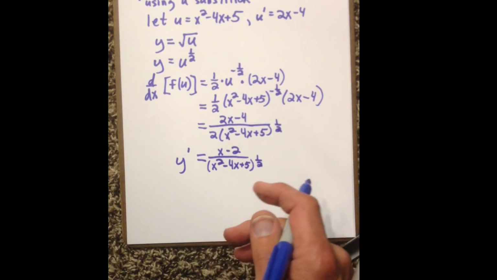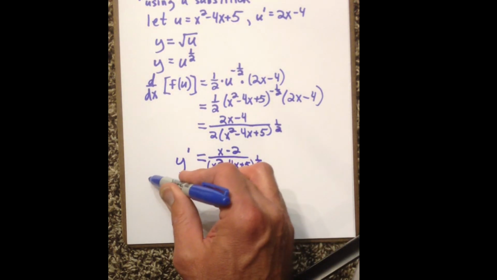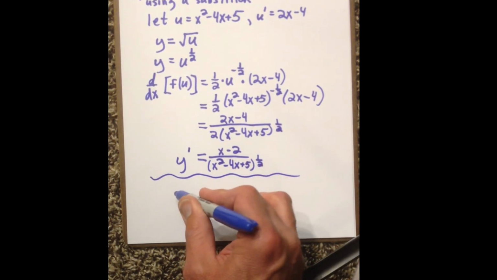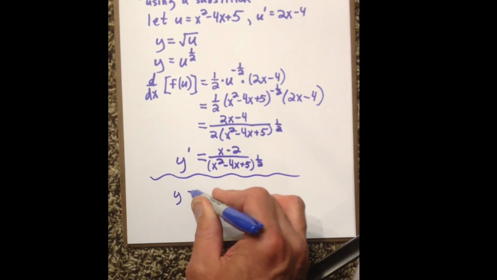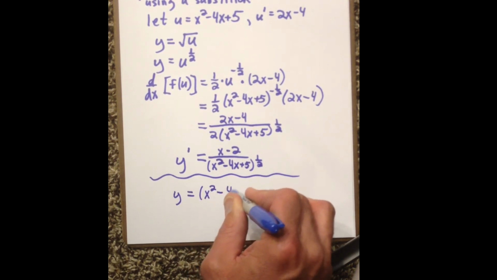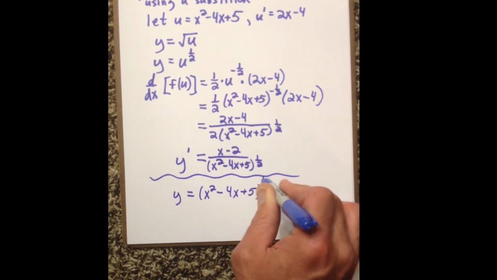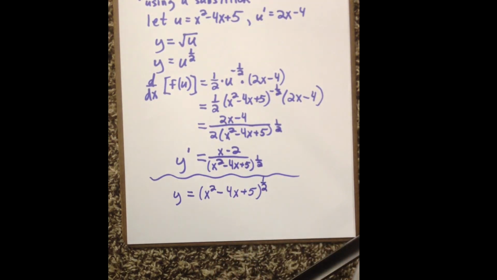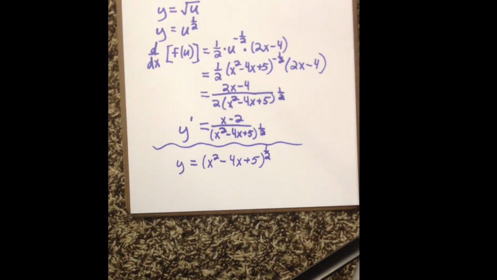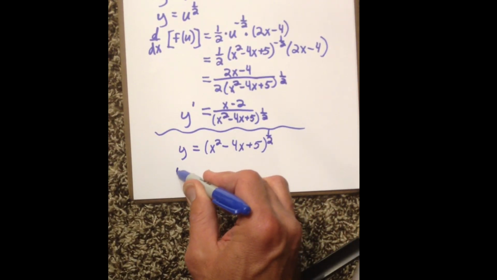The other technique that I showed you, that n, u to the n power, is this. So you can also think of it as this. So if you don't do any u substitution, you can also think of it as, well, here's my function, and I have not a power of x, but I have a power of x squared minus 4x plus 5. So I still treat that as power rule, but what chain rule and the proof using composition shows is that it's not as simple as, well, just go through and do power rule and be done.